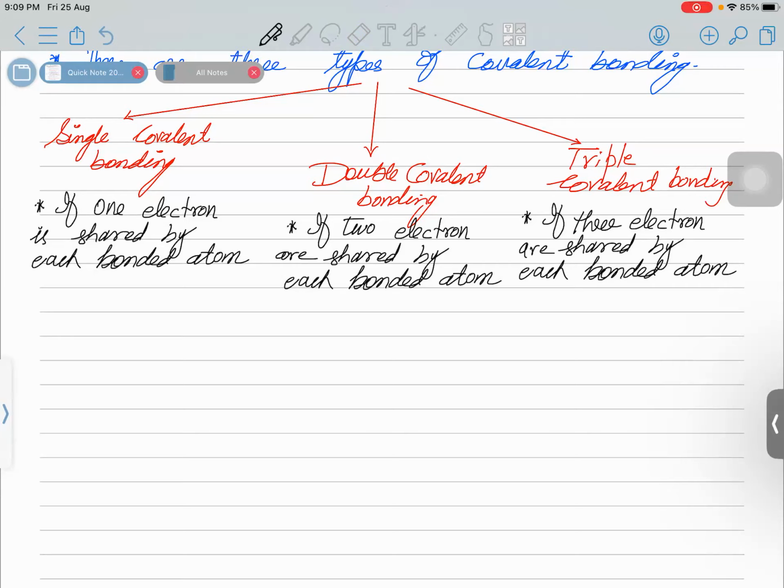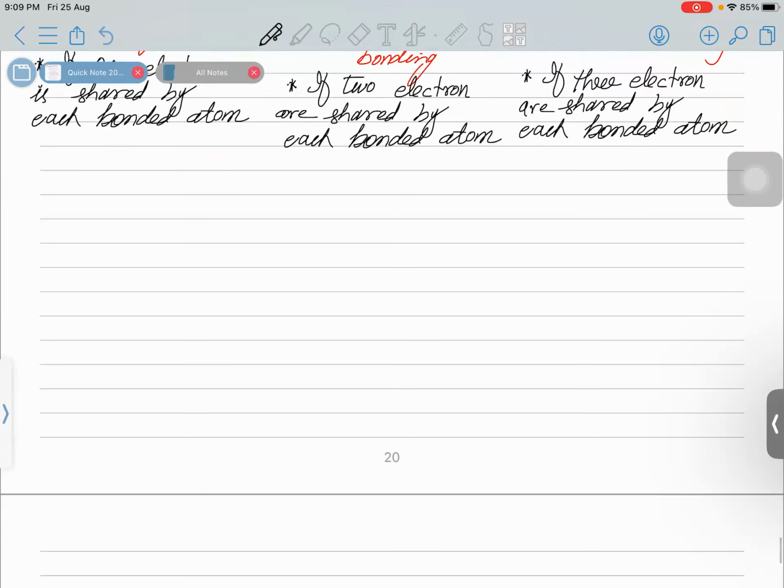Now look at the example. This is hydrogen plus hydrogen. 2 hydrogen atoms is equal to H2.